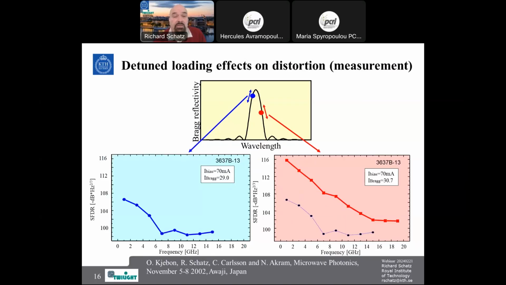Here we also see that since you increase the effective differential gain, then you also get much better spurious-free dynamic range if you have analog applications. I said the distortion gets lower if you have high differential gain, and here the spurious-free dynamic range then increases a lot if you are on the long wavelength flank compared to if you are undetuned or on the short wavelength flank.